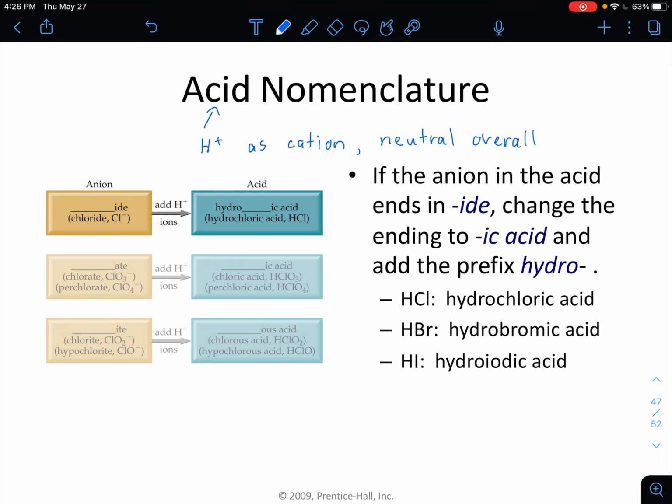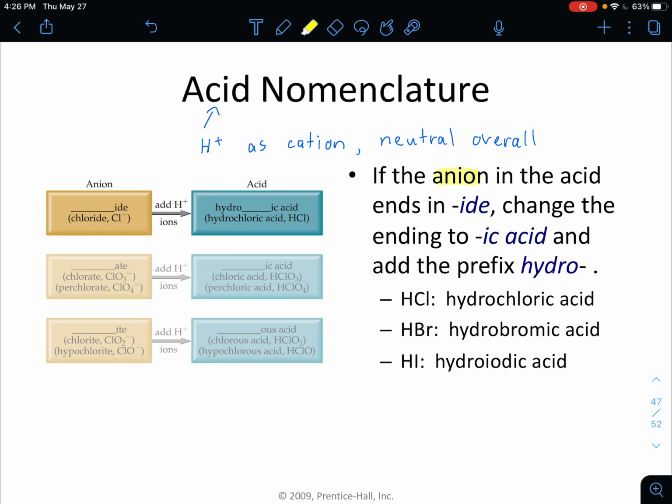So we'll kind of see all the variations we've gone through so far: single atom anions, parent polyatomic ions, non-parent polyatomic ions, and all of that will come into play here.